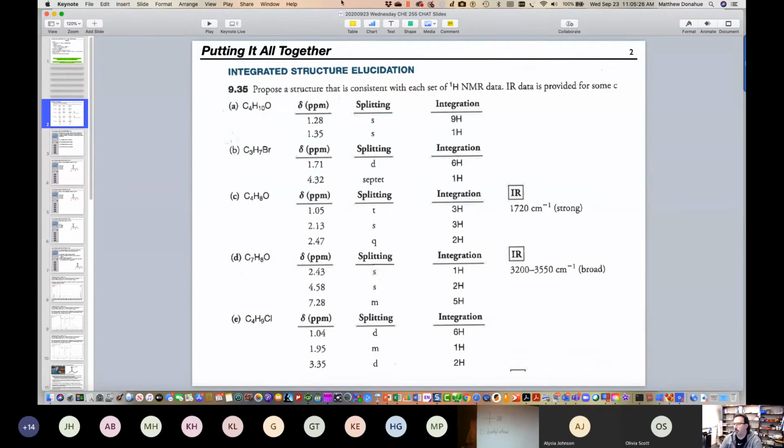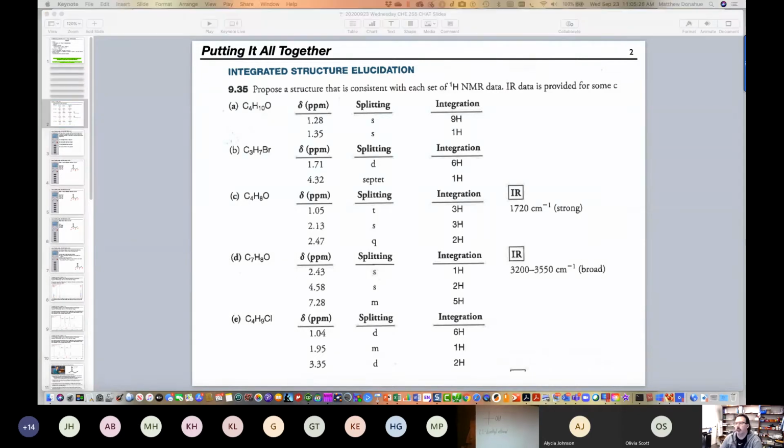So Hannah, you're partially right. Your claim isn't completely right, because you're going to violate a Lewis dot structure rule if you try to put those fragments together to match that data.